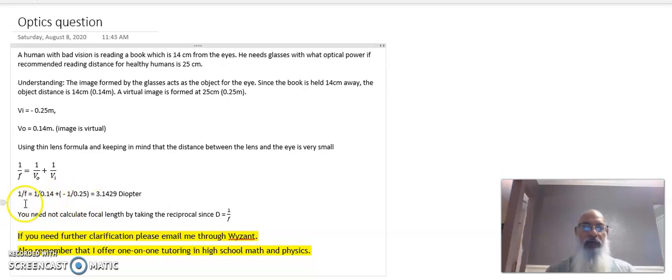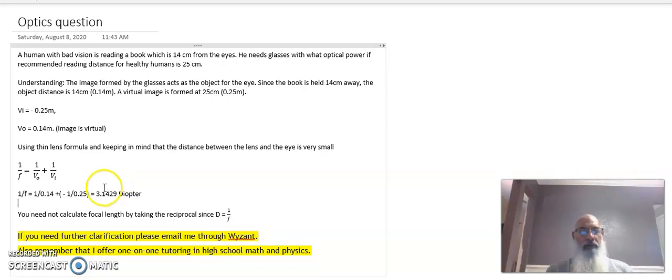In this case, because we are actually looking for 1 over f, which is the power, there's no need to do a reciprocal. The answer itself, the 1 over f, is your answer, and that comes out to 3.14. So the power of the lens that is required is 3.14 diopter. And if you want to round it off to whole numbers, then it would be 3 diopters.